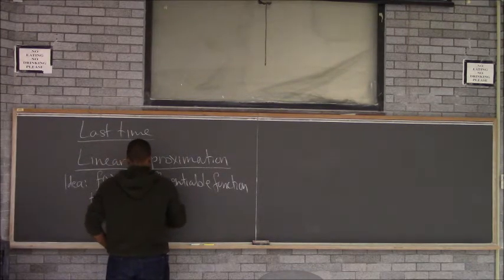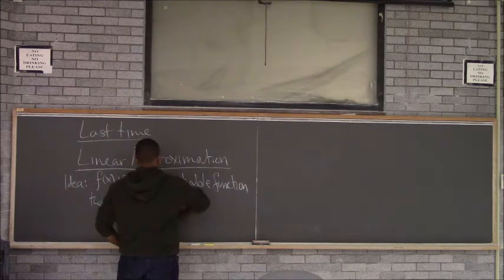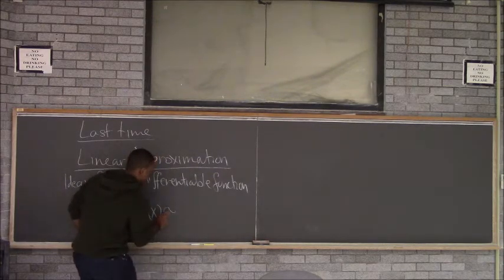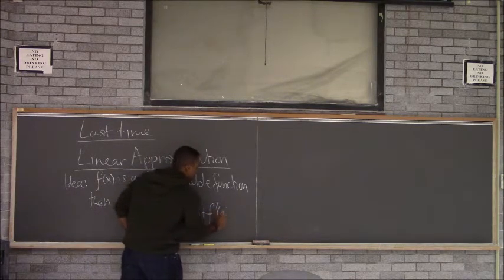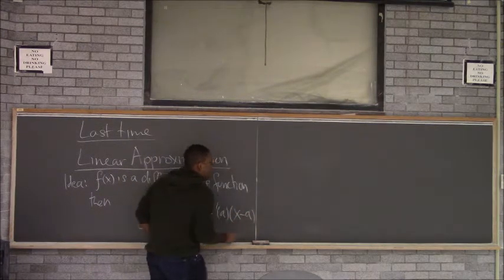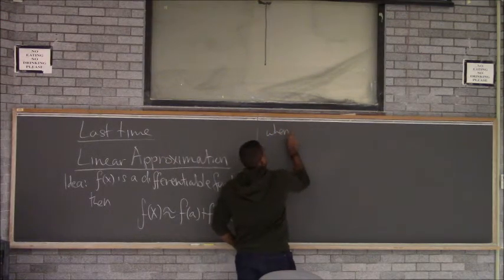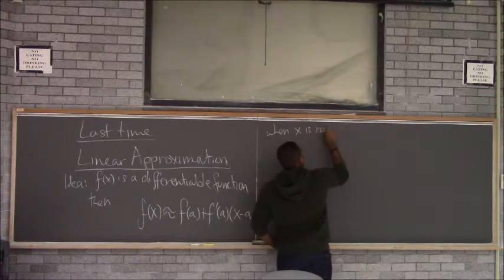So f of x will be approximately equal to f of a plus f prime of a times x minus a, when x is near a.